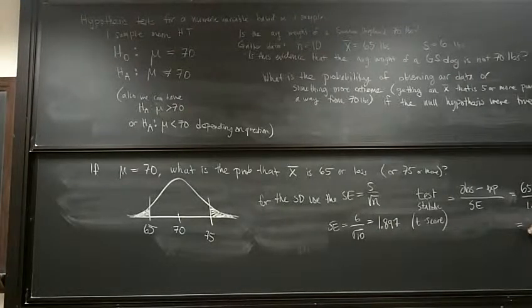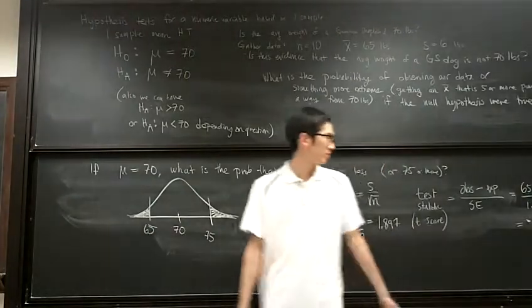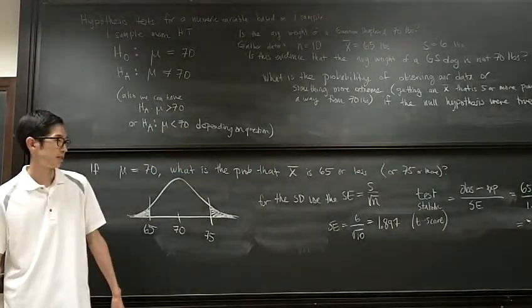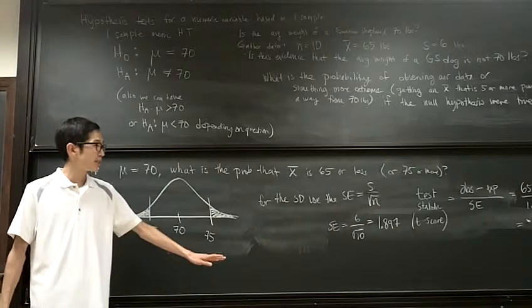So what is my test statistic? I do 65 minus 70 divided by 1.897, and I get negative 2.635, or something around there. Okay, I'm not done.